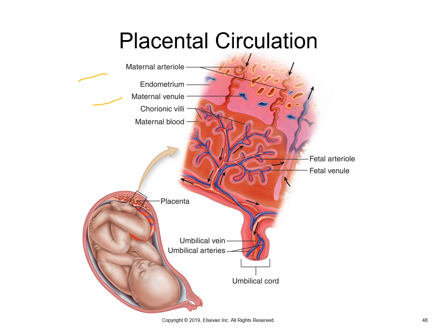All right, and that is within the placenta. The oxygenated blood from the mother is then going to flow into the placenta and bathe the chorionic villi, which we see here, and they basically contain fetal capillaries.